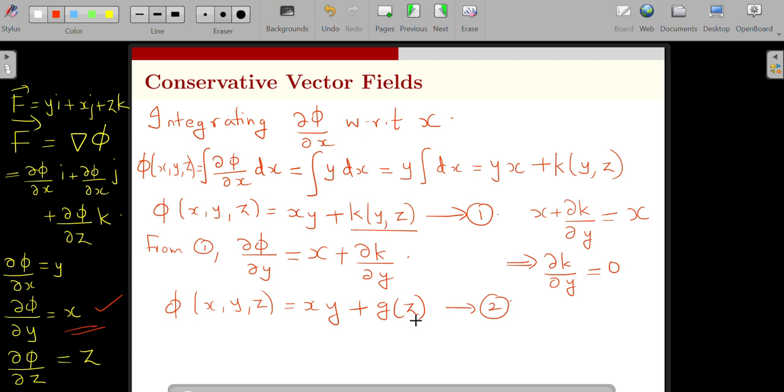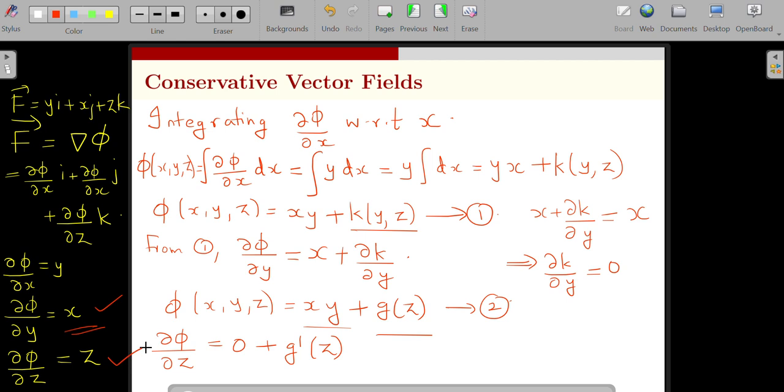Again we have another unknown function g of z. So we have to find what that function is. So you again differentiate this function phi of xyz partially with respect to z. Partially differentiating equation 2 with respect to z, you obtain dou phi by dou z equal to the partial derivative of xy with respect to z, which is 0, plus the derivative of g, a function of z only, so its derivative will be the total derivative g dash of z.